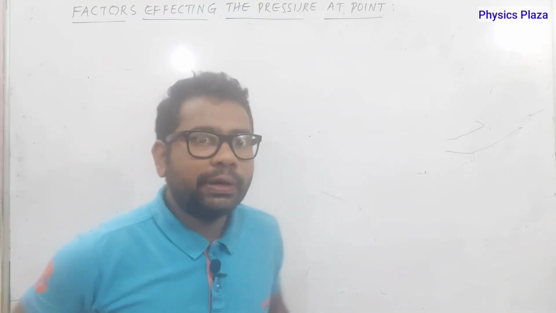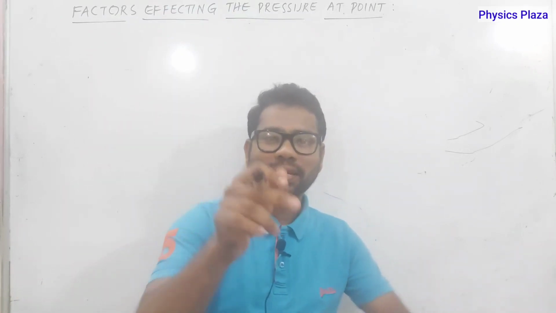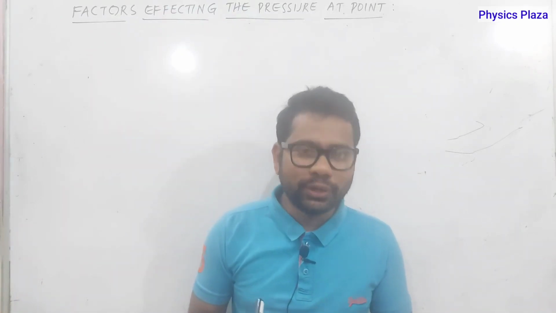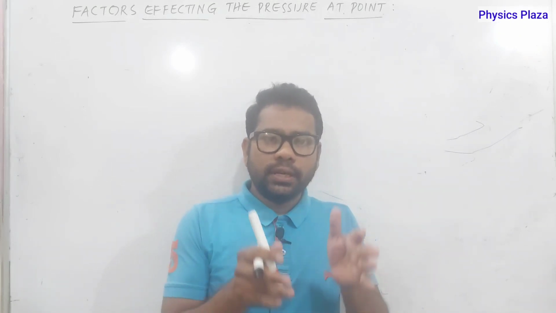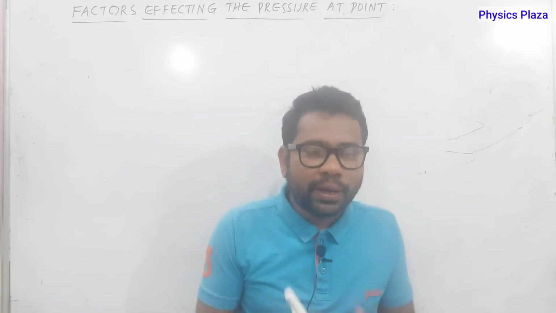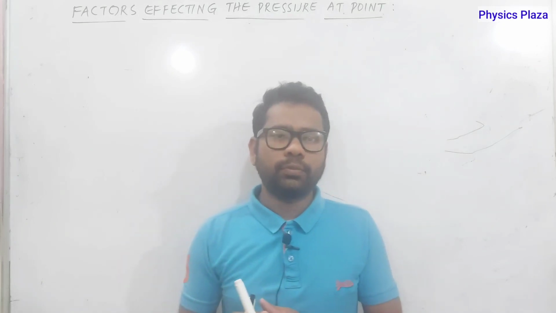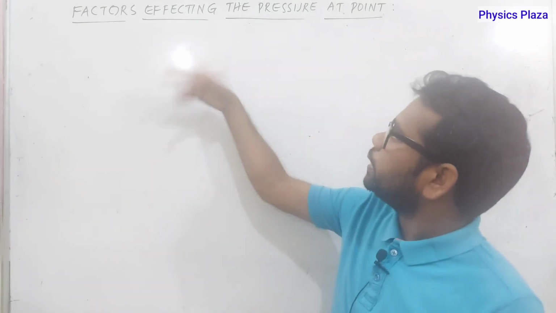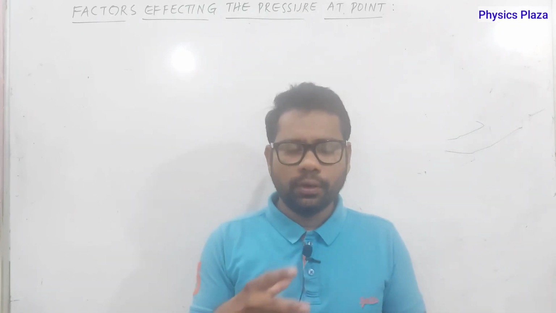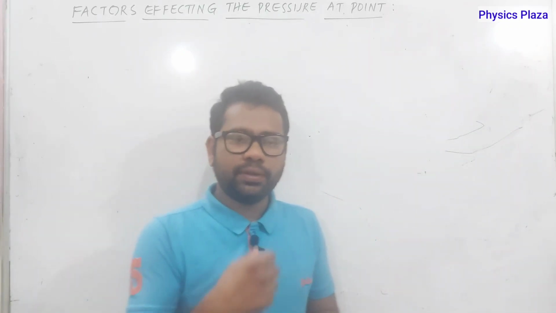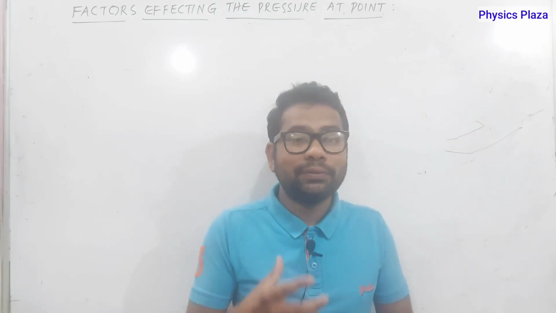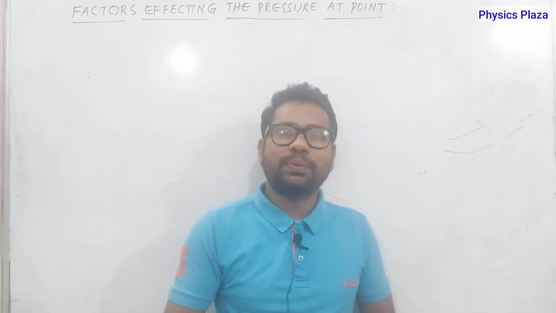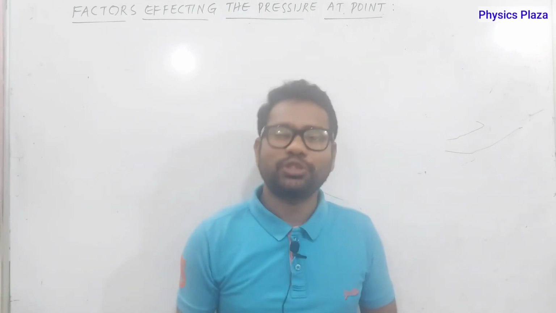At a point means where, sir? Of course, inside a liquid, obviously. Children, it's very important to understand. So on which factors does the pressure exerted by the liquid column, or inside a liquid at a point, depend? Or else we can say factors affecting. On what basis can we explain in which case pressure is more, in which case pressure is less. So these points are very important to understand.